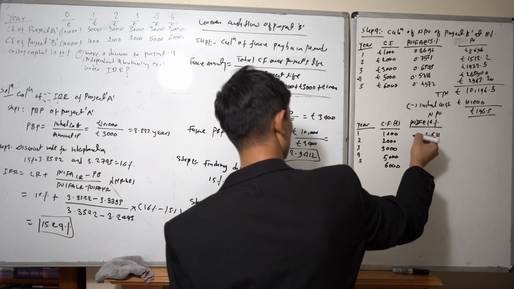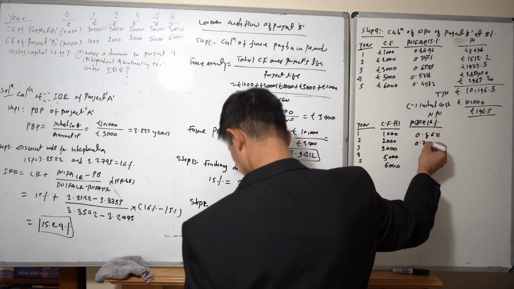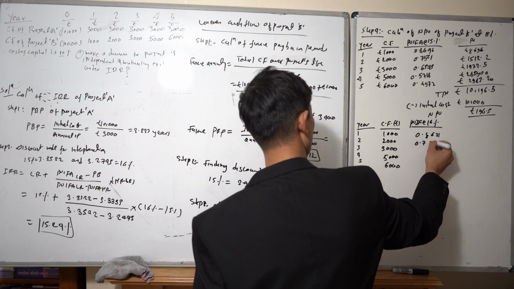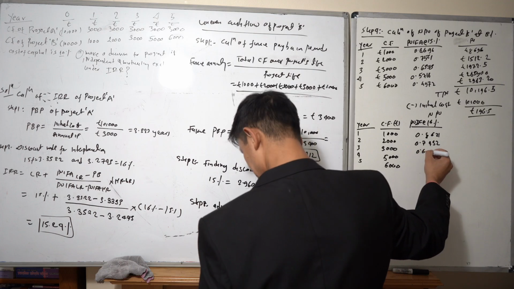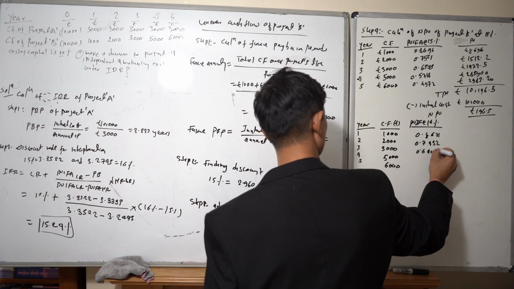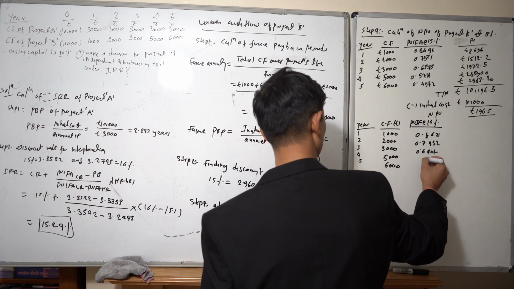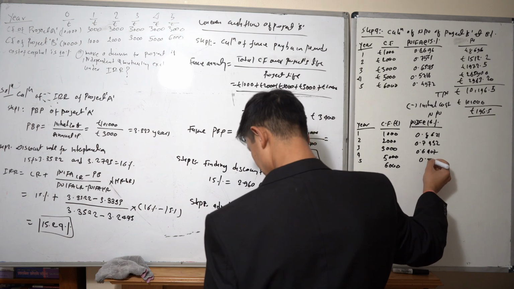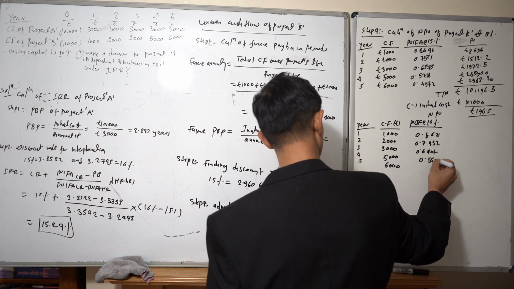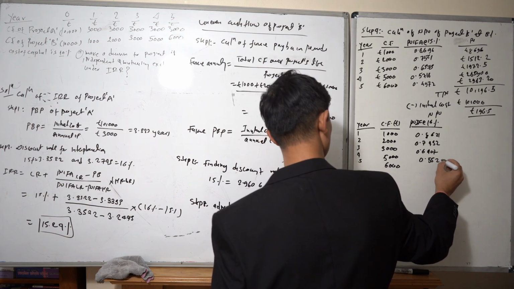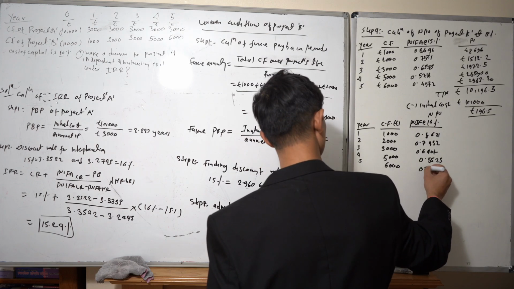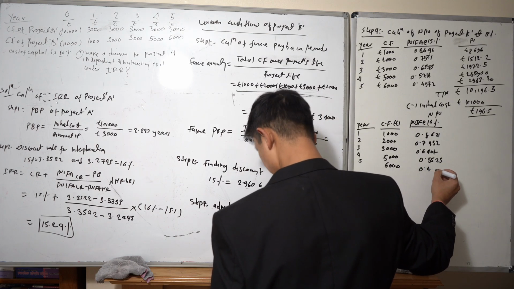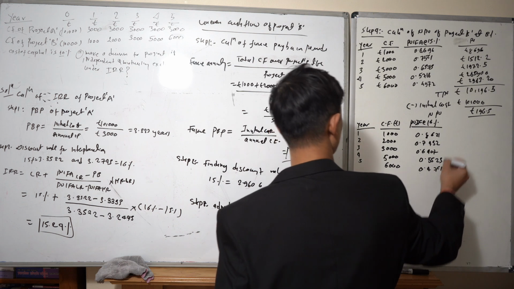0.8621. In year 2, 0.7432, year 3, 0.6407. Year 4, 0.5523. In year 5 you get 0.4761.